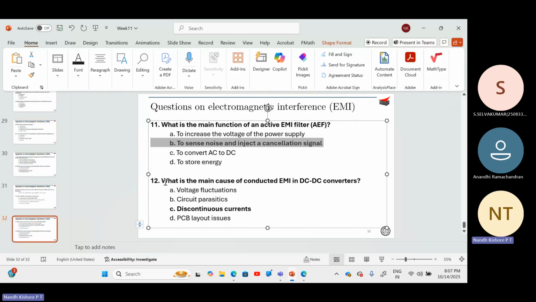So related to this itself, which components are used to ensure system stability in AEF? So C comp, or R comp.